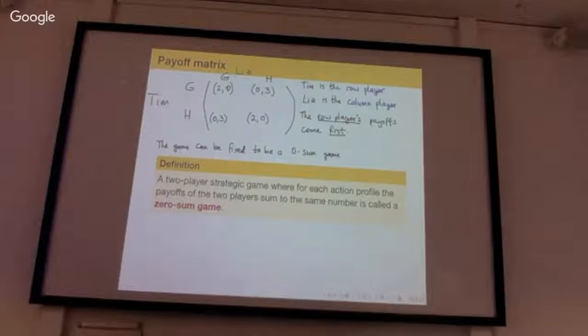If instead of the 3 for Liz, I picked 2, then I would have a zero-sum game, and the preferences would be exactly the same.